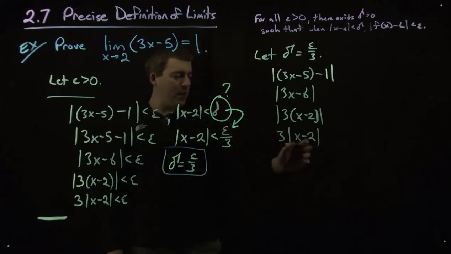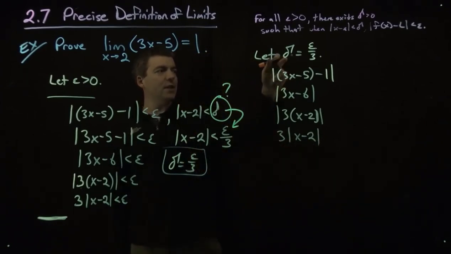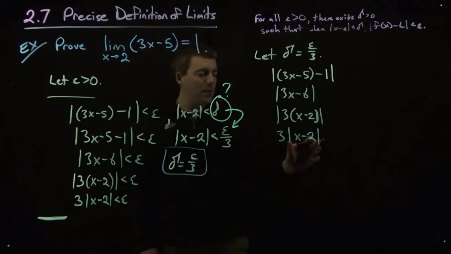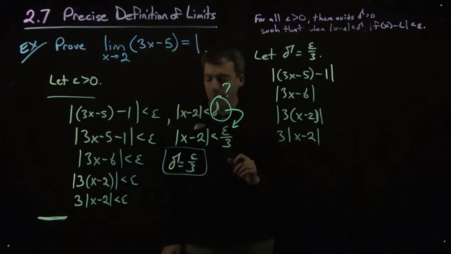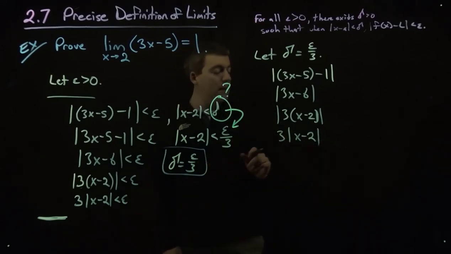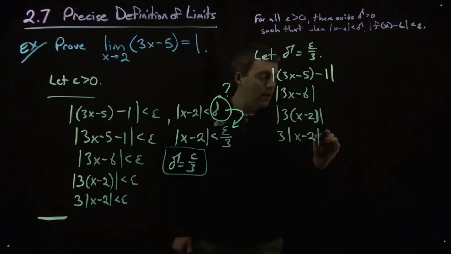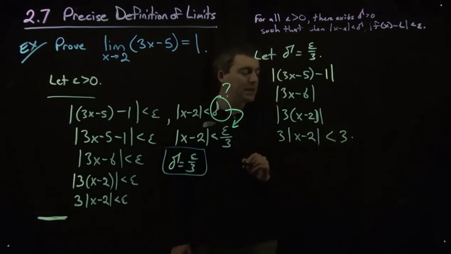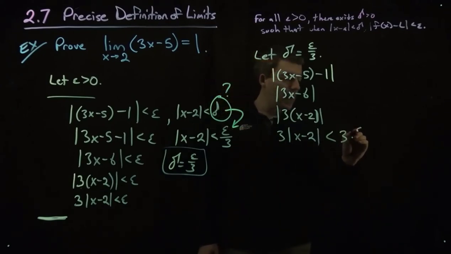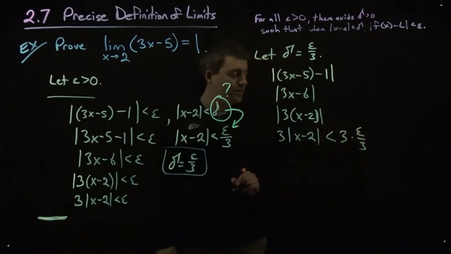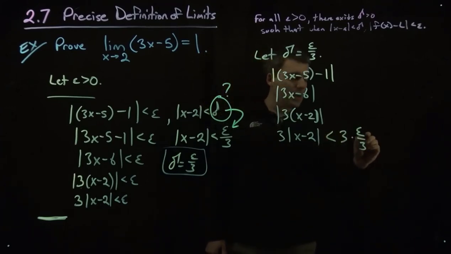And now we know something about this. Since the delta here is equal to epsilon over 3, x minus 2 is less than epsilon over 3. So we have, this is less than 3 times epsilon over 3. And of course 3 times 1/3 is 1, so this is equal to epsilon.